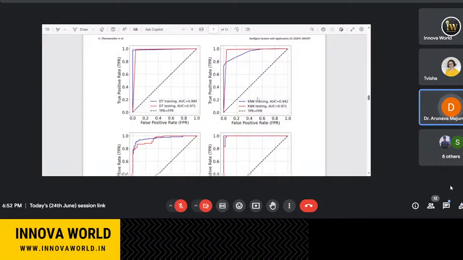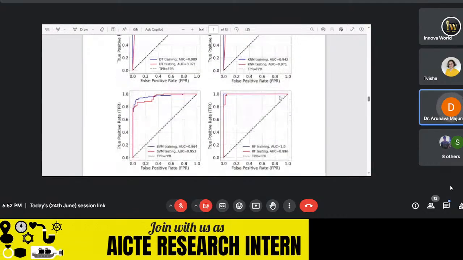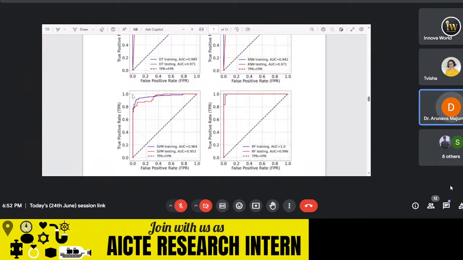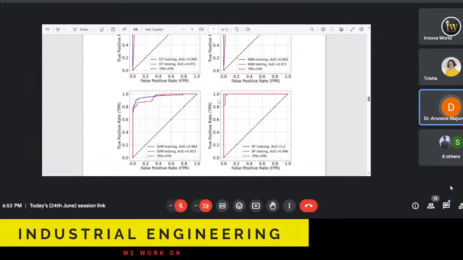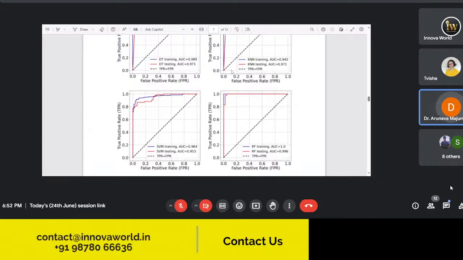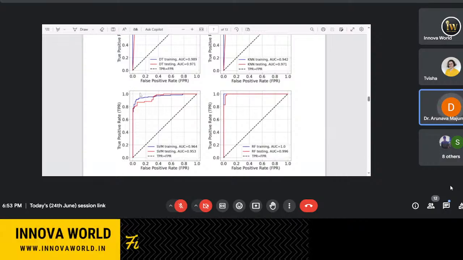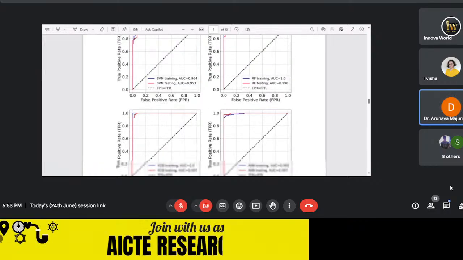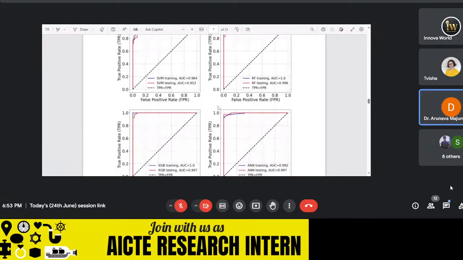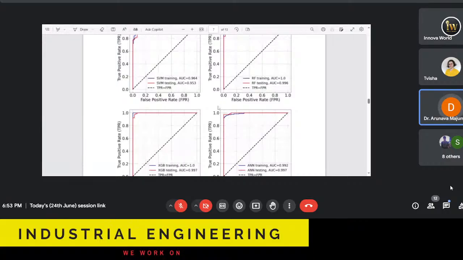Remember always, the corner of these curves must fall in the upper left side, near about 1. Then the curves are good, and you can see these are very good algorithms.